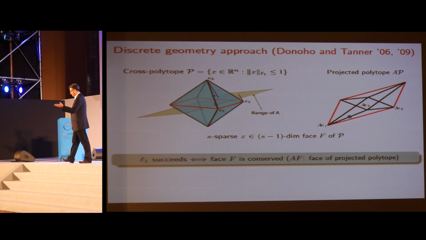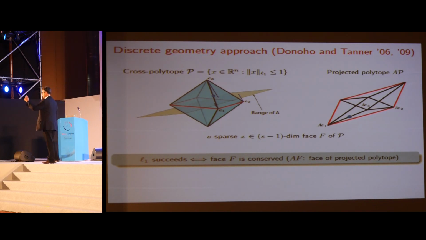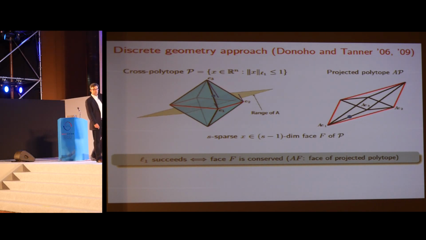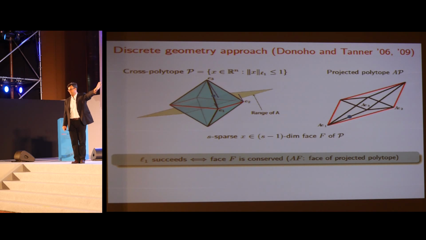What I mean by survive is they will still be faces of the projected polytope. So the red faces of the polytope on the left are conserved through this projection because they are still faces of the projected polytope. And it's very easy to see that if your solution lies on a conserved face, then it will be recovered by L1. And if it doesn't, it will not be.